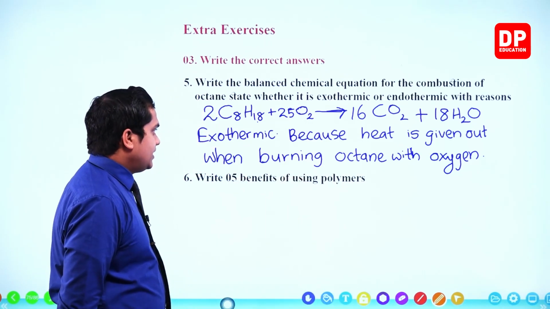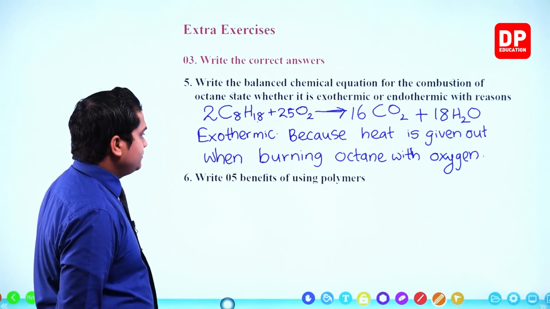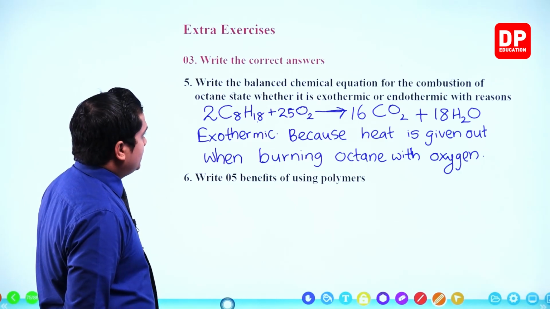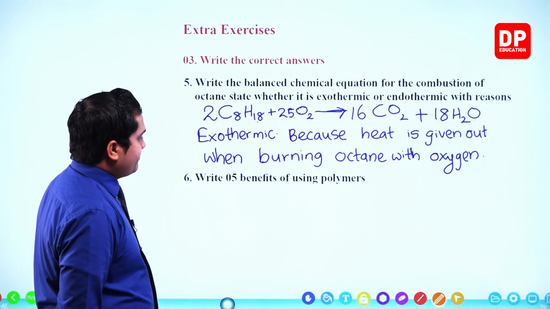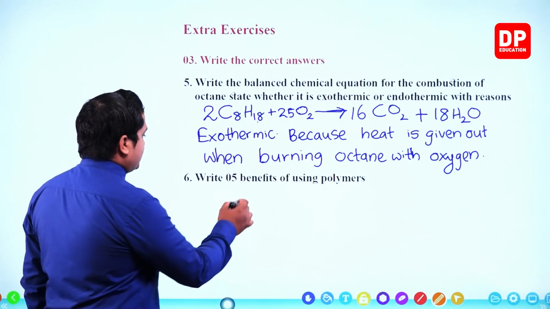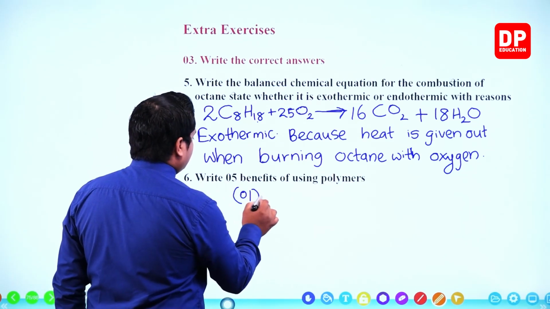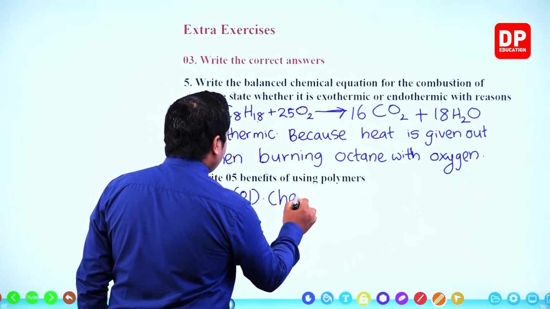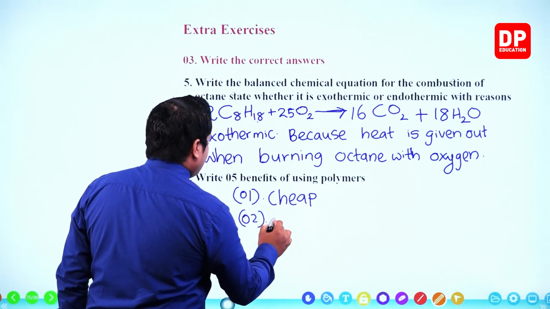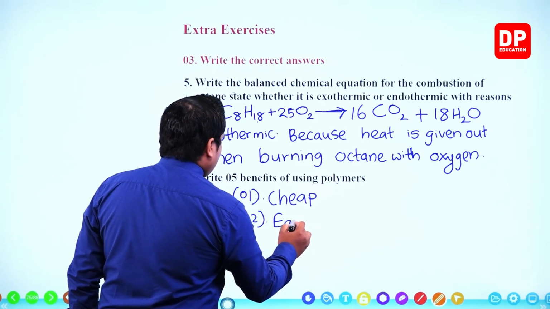Right. Then the next one, write 5 benefits of using polymers. 5 benefits. Number 1, cheap. Number 2, easy to use.